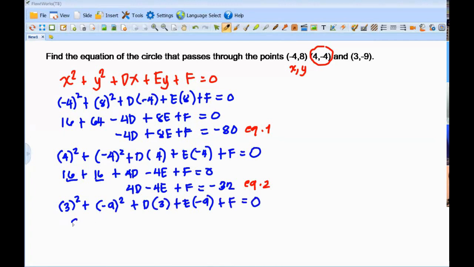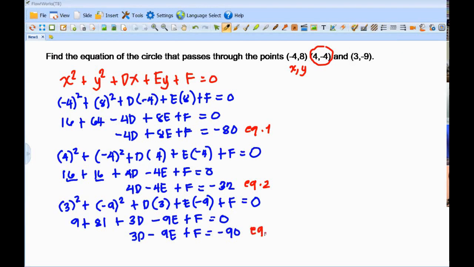Therefore, we have 9 plus 81 plus 3d minus 9e plus f is equal to 0. The third equation is 3d minus 9e plus f is equal to -90. This is our equation 3. So there you have it, we have 3 equations now.